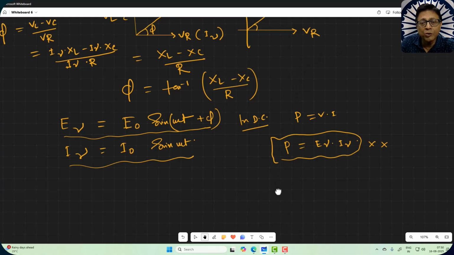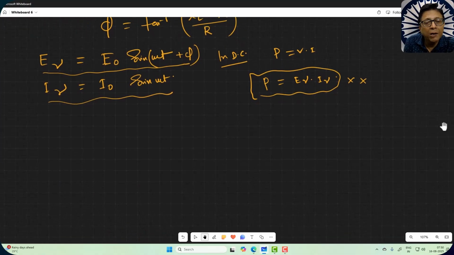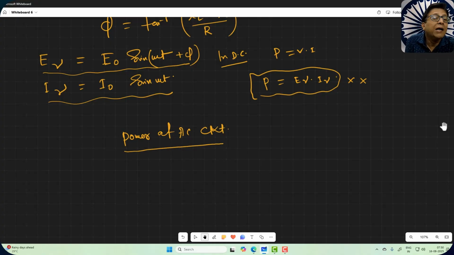Then what do you have to do? To find the power of an AC circuit, we define the average power, because if we consider all these instantaneous values, then power is also changing with time.